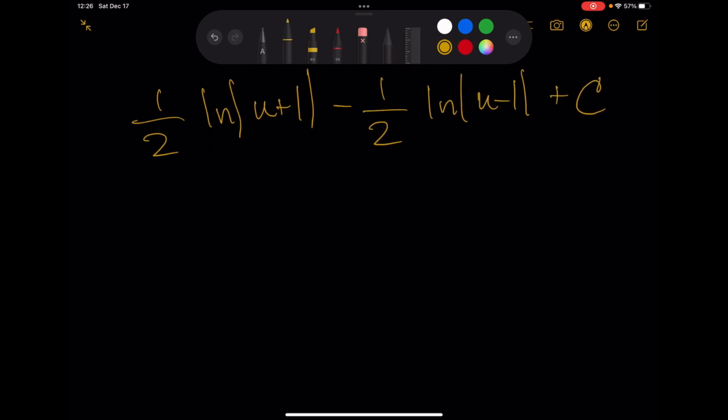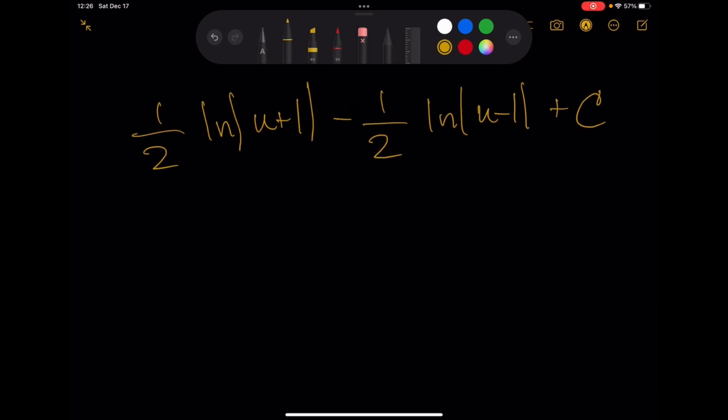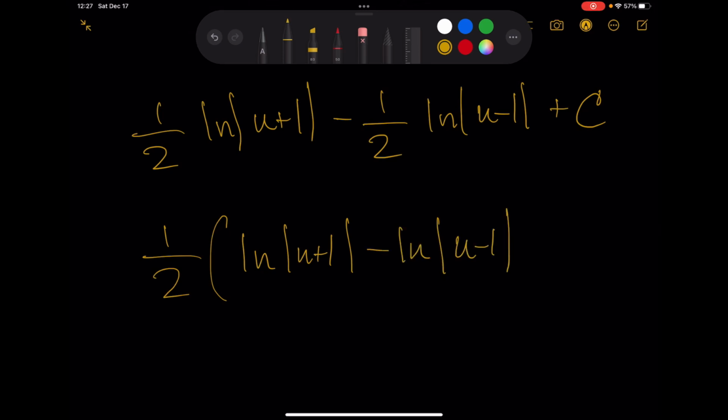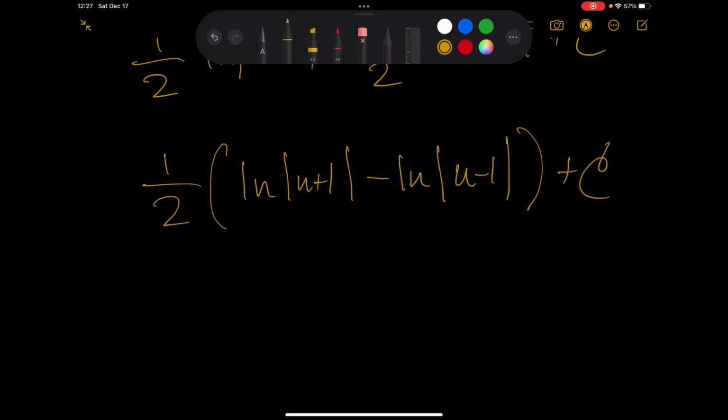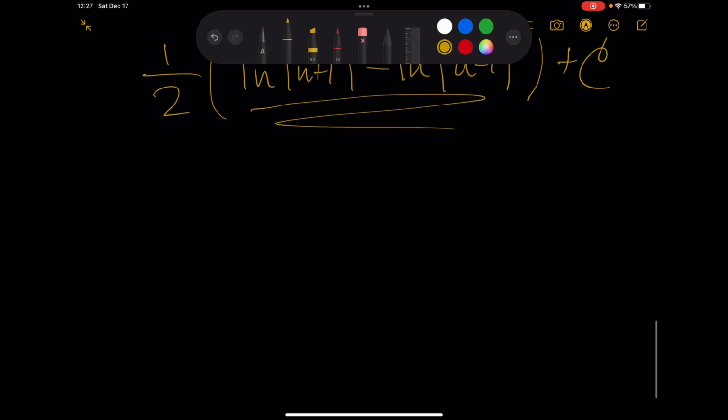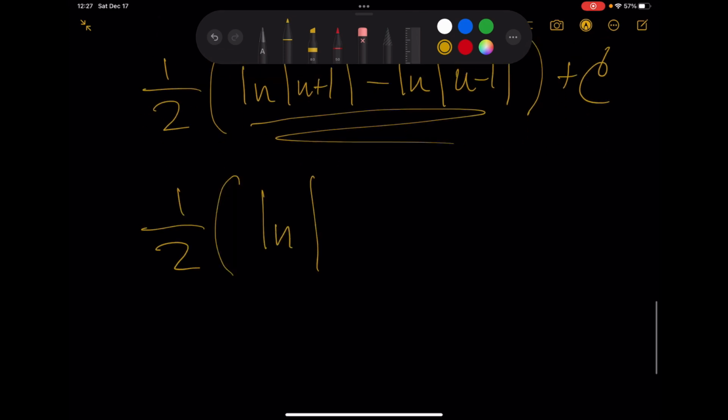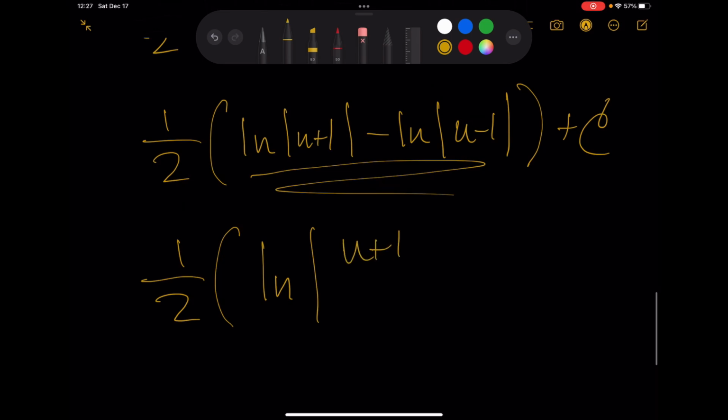We can simplify this even further though, and make this 1/2 times ln absolute value of u plus 1 minus ln absolute value of u minus 1. We can take this one step further, and because of our logarithmic properties, this can just simplify to 1/2 ln absolute value of u plus 1 over u minus 1. And then don't forget your constant of integration.